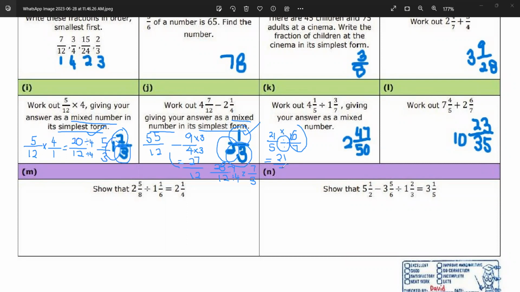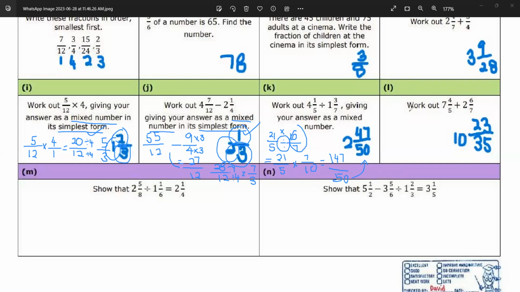So 21 out of 5, this one will remain, times 7 out of 10. So we will get 147 out of 50. When we simplify it as a mixed number, it will become 2 and 47 out of 50.